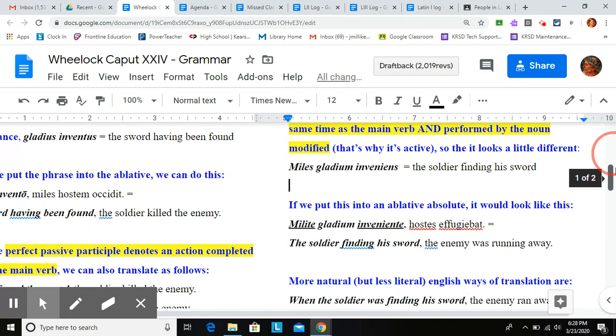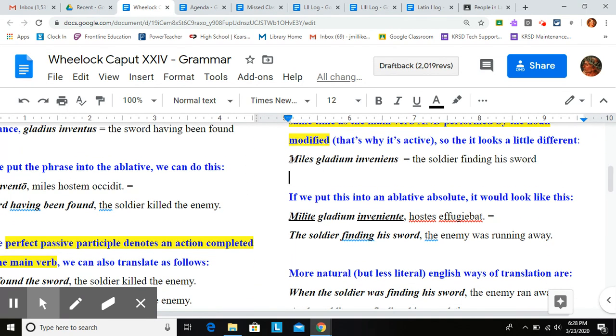But miles inveniens is our phrase. Miles is our noun, and inveniens is the participle. Now, if we make that ablative, milite inveniente, the soldier finding his sword, the enemy was fleeing.